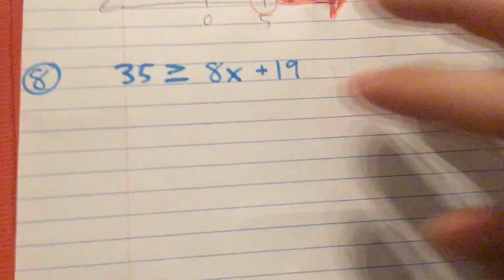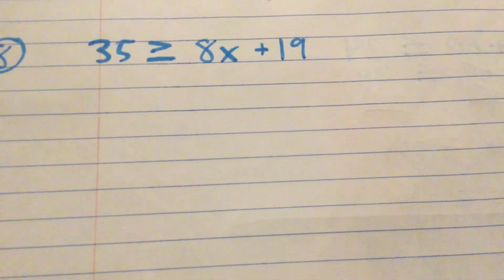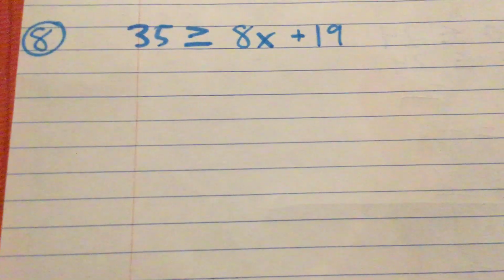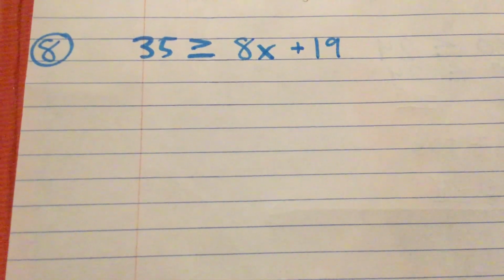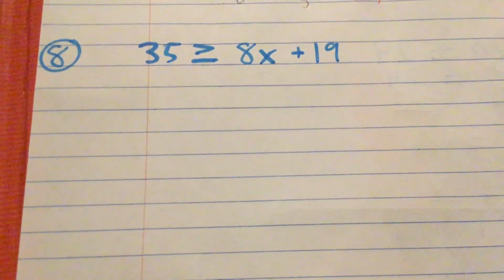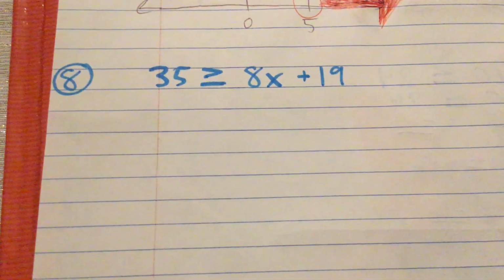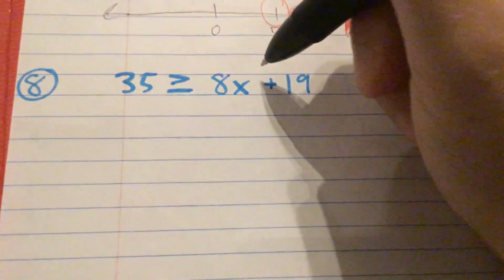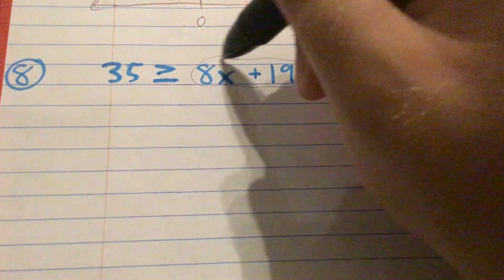All right, last problem of the day. 35 is greater than or equal to 8x plus 19. Take a deep breath. I like my x on the left side, so I put 8x plus 19.